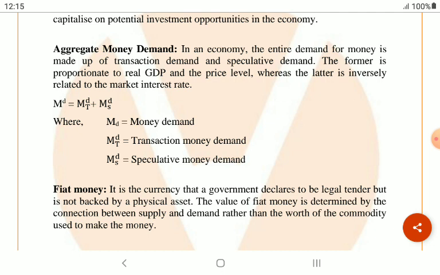The formula is M^d = M^d_t + M^d_s, where M^d is money demand, M^d_t is transaction money demand, and M^d_s is speculative money demand.